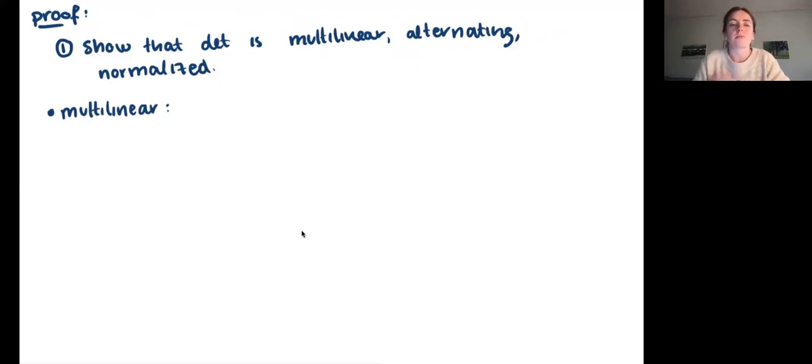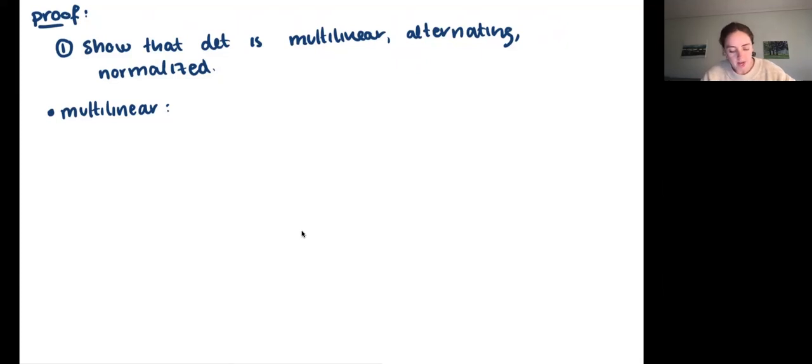I'm going to break this down into two steps. First, I'm going to show that if I have in one coordinate lambda times a vector, then I can pull out the lambda. And the second thing is that if I have a sum of two vectors in one coordinate, then I can break up the determinant across that sum. So let's first do it for lambda.